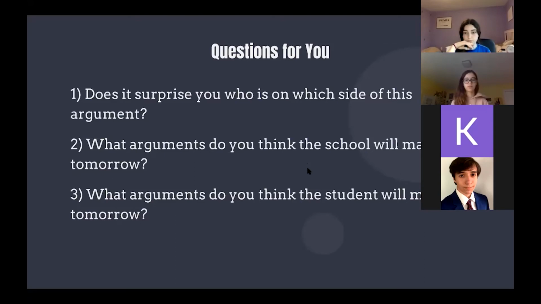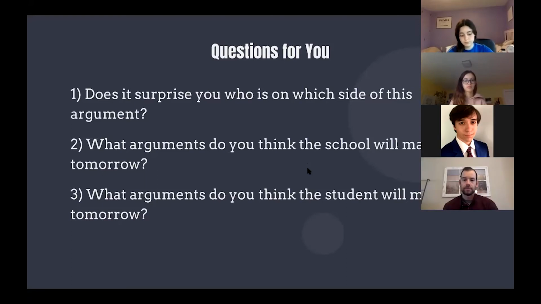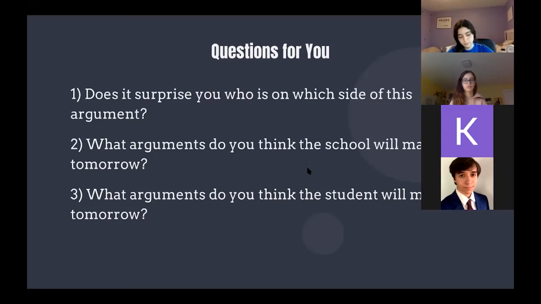Yeah, I think what the school will argue, kind of like what Madison was saying, is that in cases of cyberbullying, or maybe if there is a protest against the school going on outside of the school campus, there are activities and speech that go on outside of school that affect the educational quality.